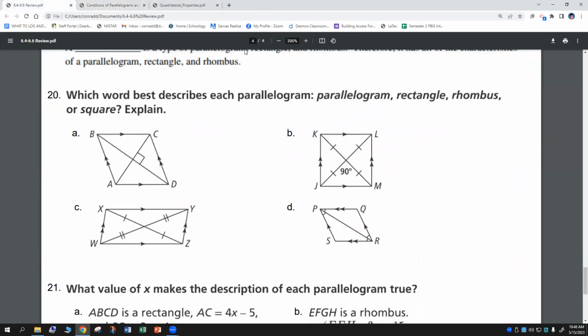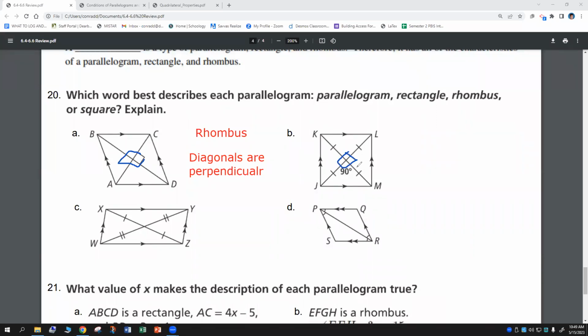All right, so on the first one here, I notice a right angle. That means my diagonals are perpendicular. So this is going to be a rhombus because diagonals are perpendicular. Yep. All right, on this one, again, I notice right angles, which means this is a rhombus because diagonals are perpendicular.